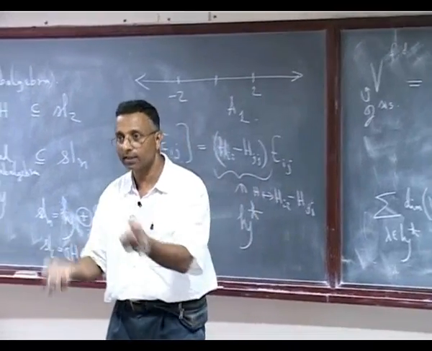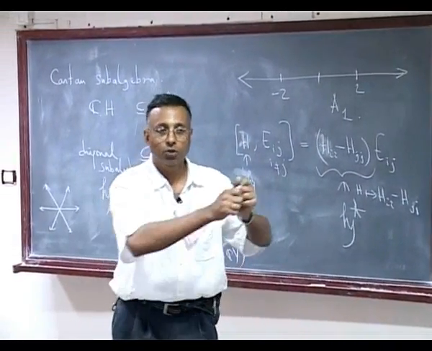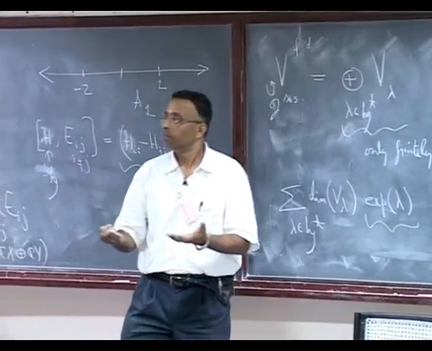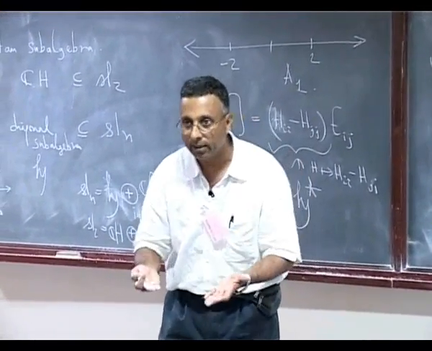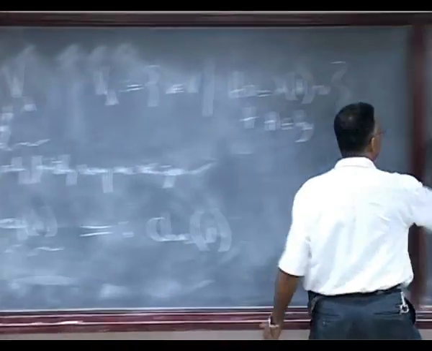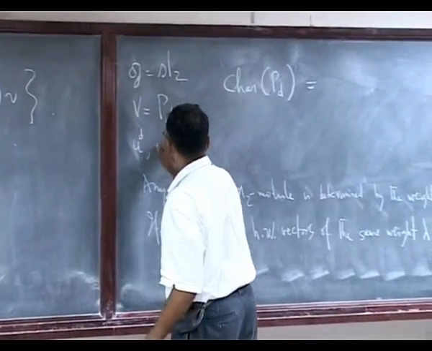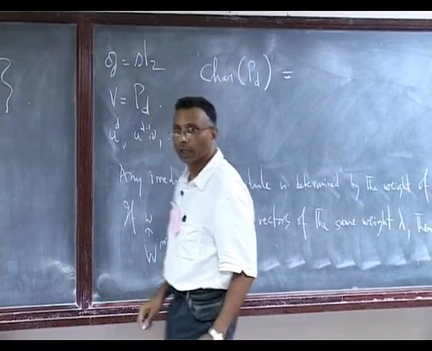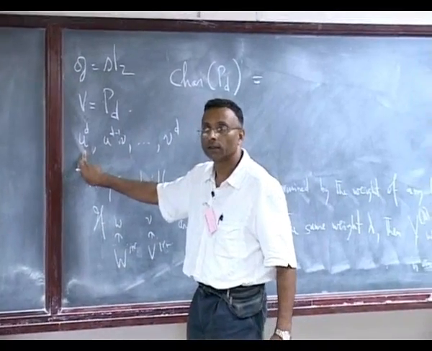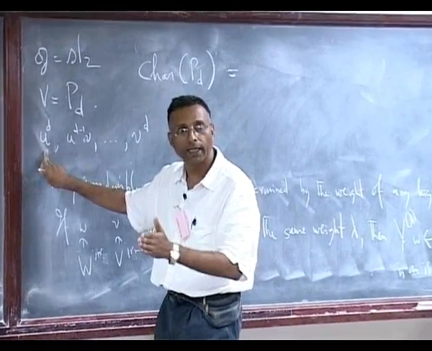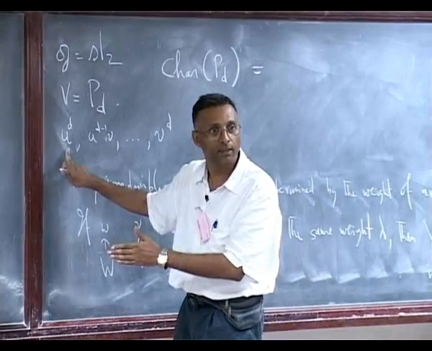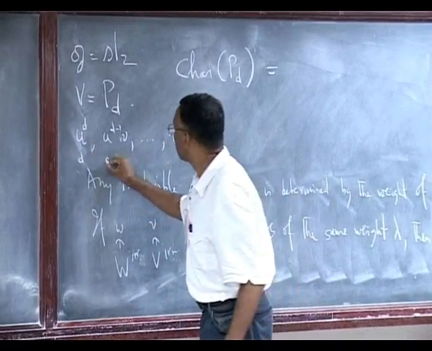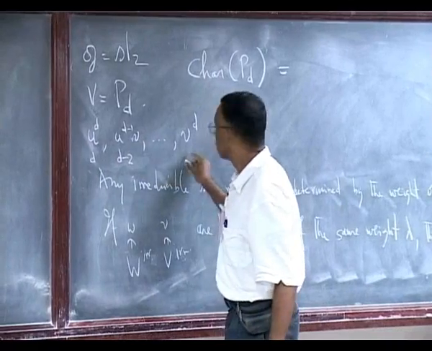Here the Cartan subalgebra is spanned by the single element H. PD was all polynomials of degree D. These would be u to the D, u to the D minus 1 v, up to v to the D. H was u del by del u minus v del by del v. So the eigenvalue here is D, the eigenvalue here is D minus 2, the eigenvalue here is minus D.